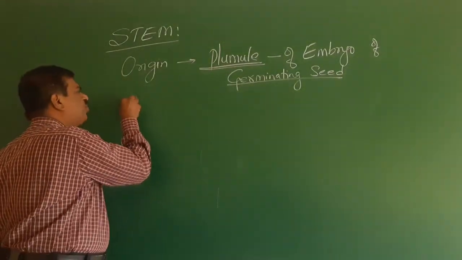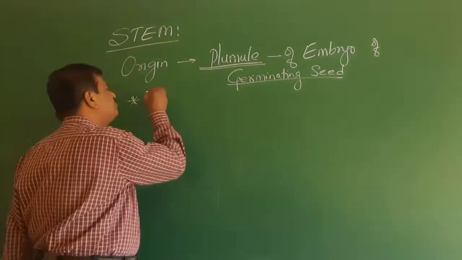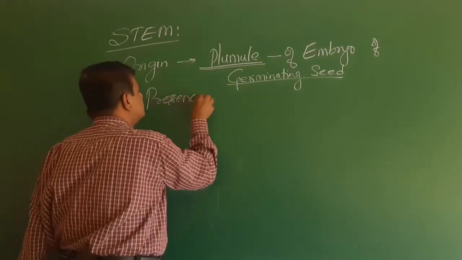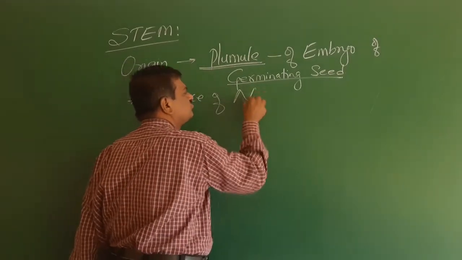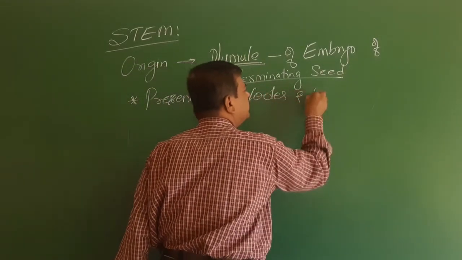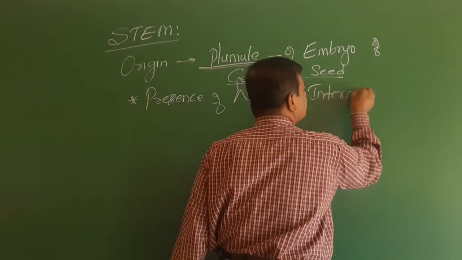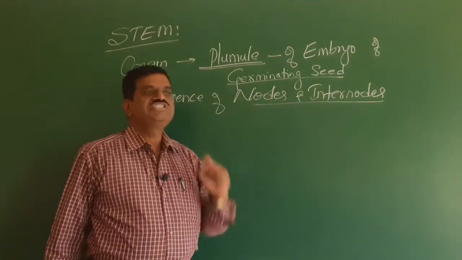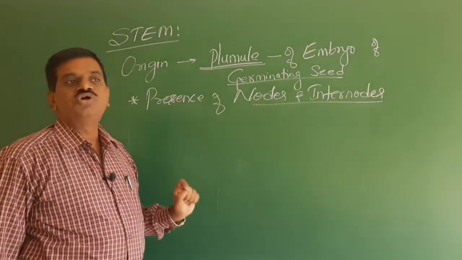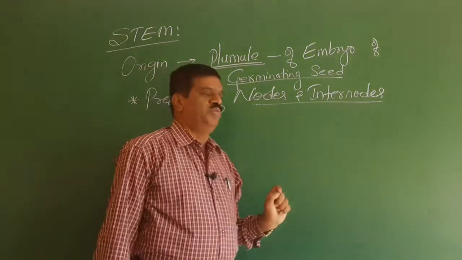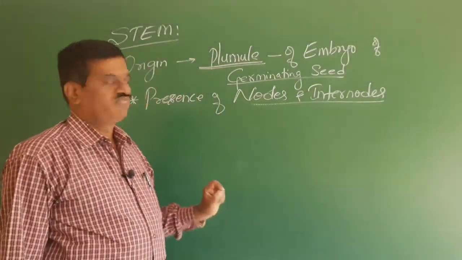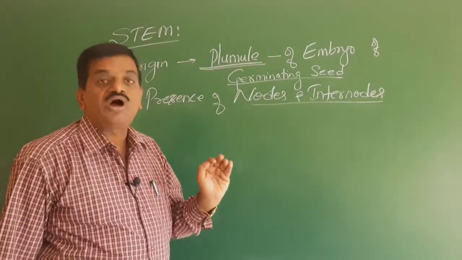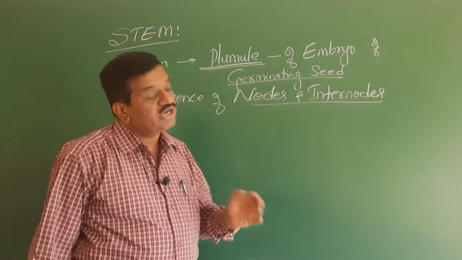And a very important point regarding the stem: the stem has the presence of nodes and internodes. This is very important because some stems are below the ground, some stems are above the ground.